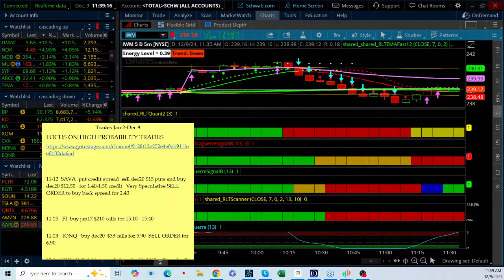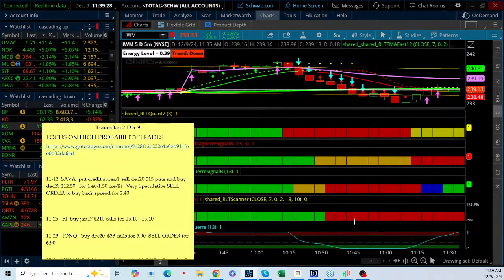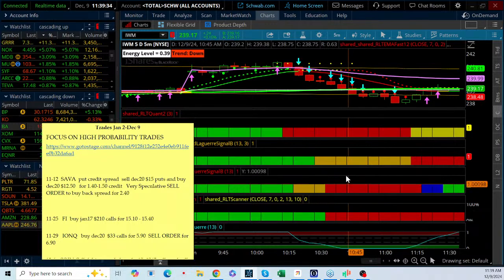Hey Nick, new to the channel and watching a system on TOS. Question: is it possible to shrink the colored bars to make room to expand the price action on top? Yeah, I can't really. I've shrunk them about as much as I can, and I have limited ability with TOS to do much more.